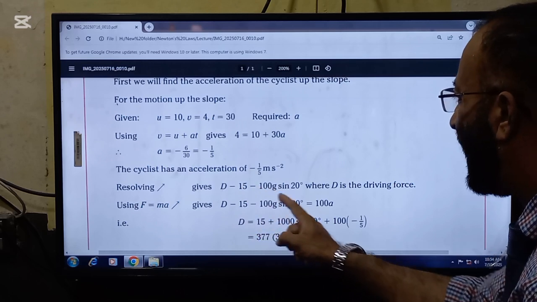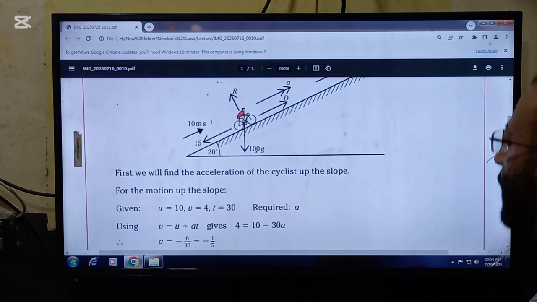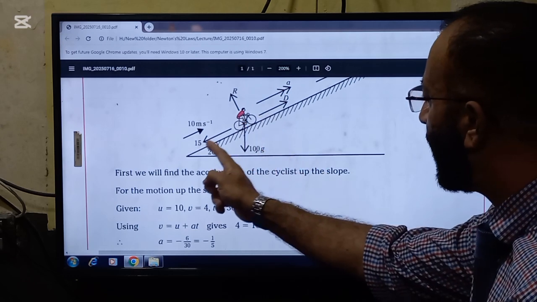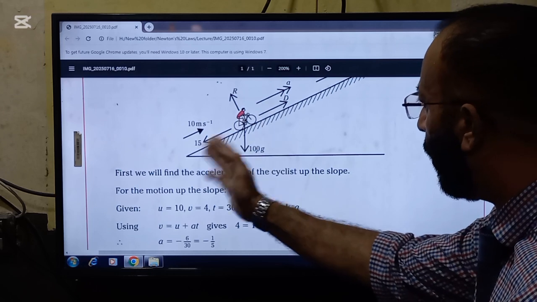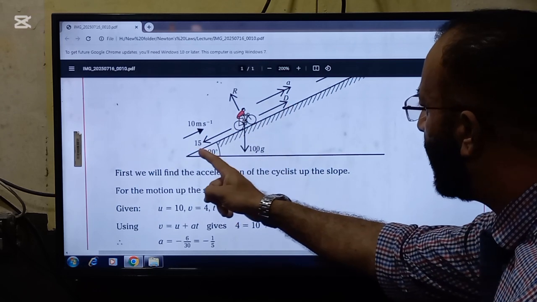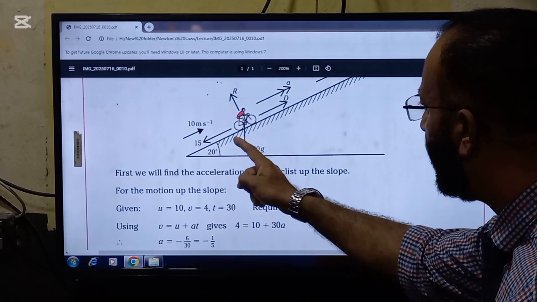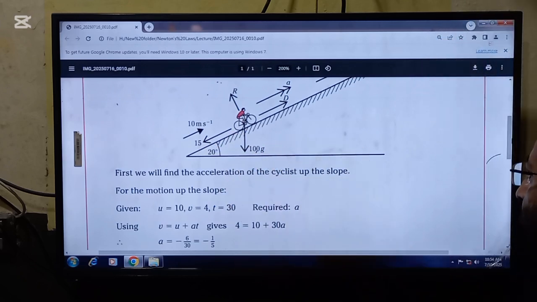Also W sine theta is the component of the force that is parallel to the plane, so W sine theta will also be subtracted. So D minus 15 minus W sine theta will be the resultant force, equal to MA.